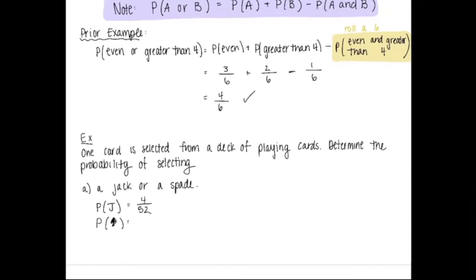How many suits are there? You've got spades, clubs, hearts, and diamonds. So there's going to be 4 suits. So your chance of getting a spade is 1 out of 4, because 1 suit out of the 4. Or really, there's 13 out of 52 cards that are spades. So you have 13 of each suit.